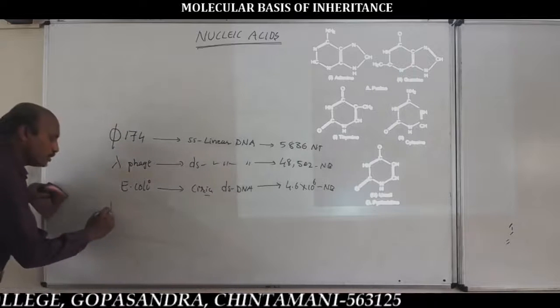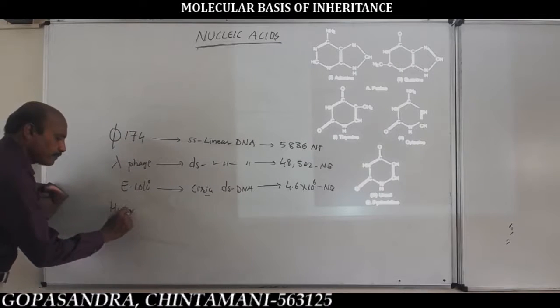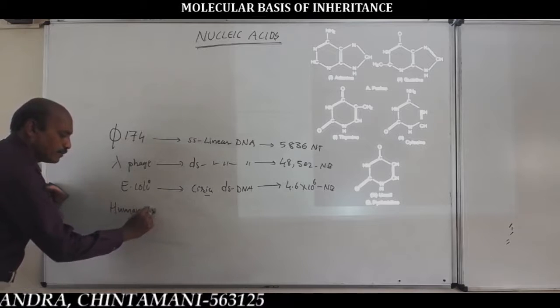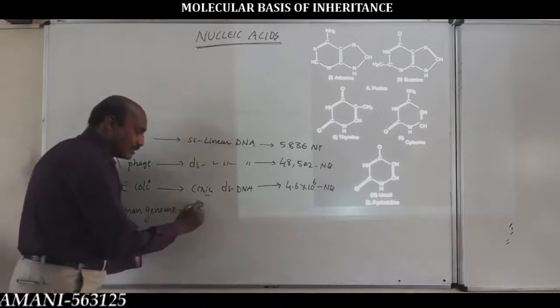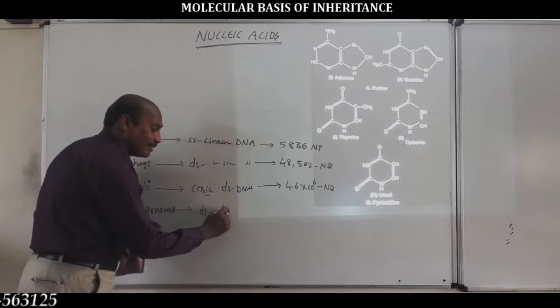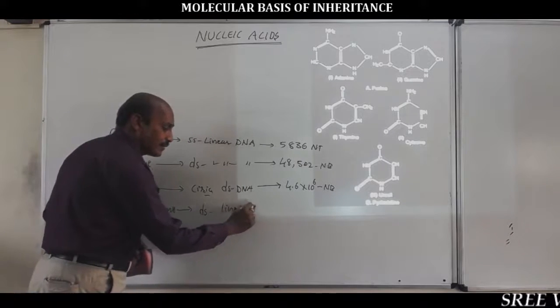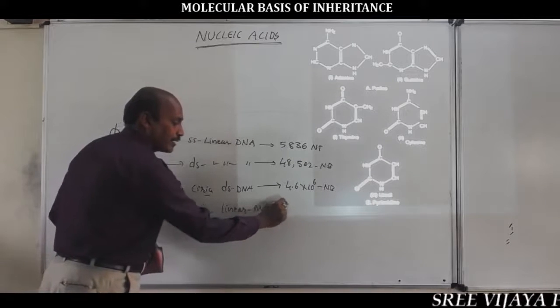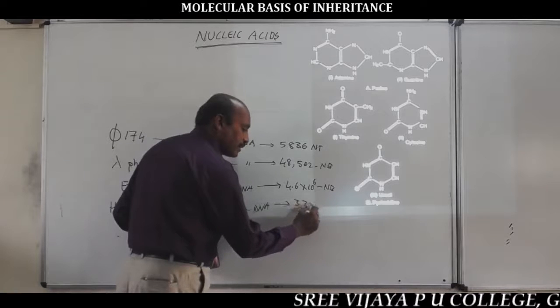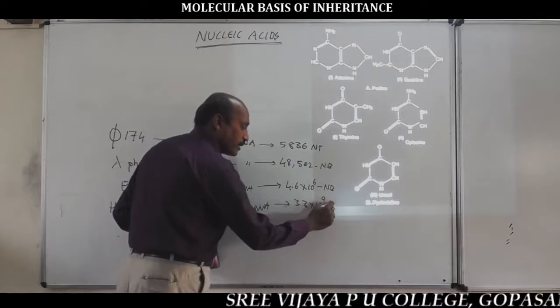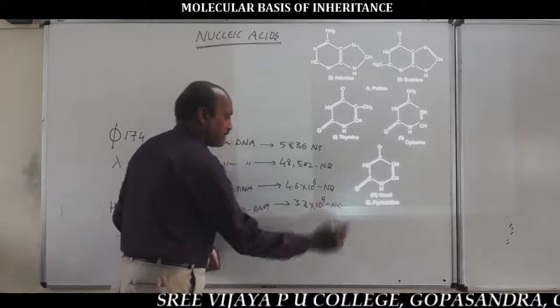And in the human genome, the genome contains double stranded linear DNA having 3.3 into 10 to the power of 9 nitrogen base pairs.